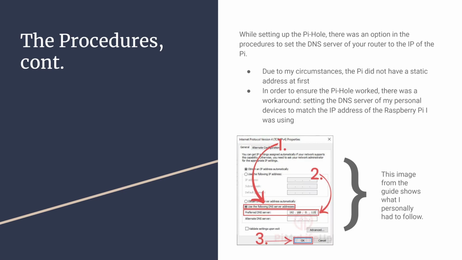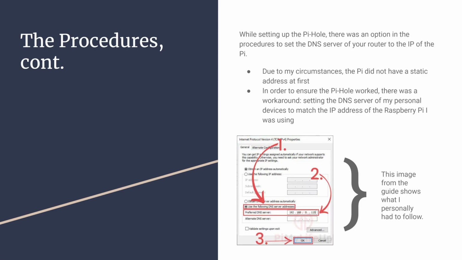Now, for whatever reason, when I did this, it bricked my network and I was absolutely unable to use it. I think that it may have been because the Pi's address changed after I had to set up the Pi-hole a second time. However, after trying it again, it didn't seem to work. I did not include this in troubleshooting. Instead, I included this in this slide specifically because there was no resolution there.